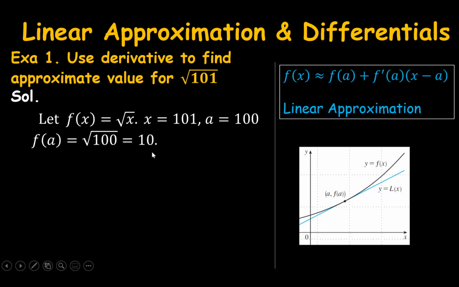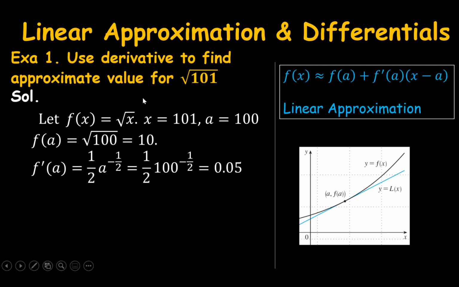All right, let's compute this. f(a) is just equal to 10, as we said. To compute f prime of a, you need to compute f prime of x. Square root is the same as x to the 1/2 power, and then you apply the power rule. You move 1/2 to the front, and subtract 1 from 1/2, so you get negative 1/2.